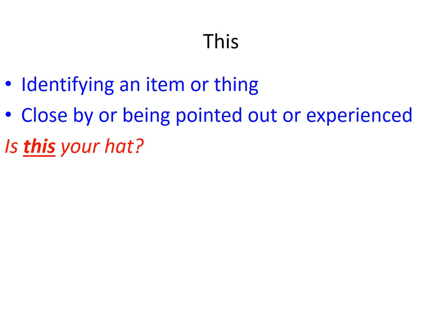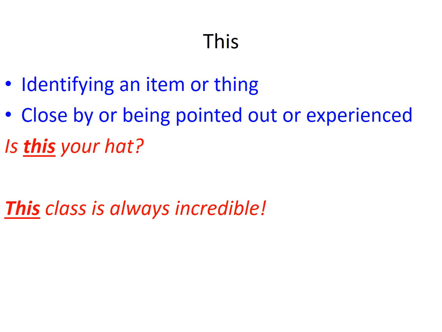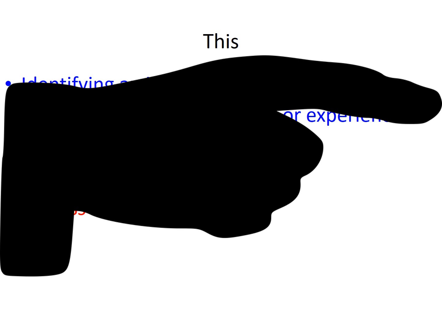If a teacher says this class is always incredible, they are referring to a class that they can see right in front of them and they can experience that close by. So the best way to remember it about demonstrative pronouns is they point out something to you.